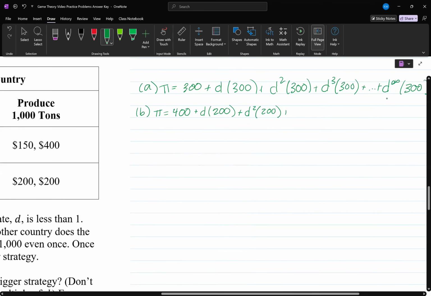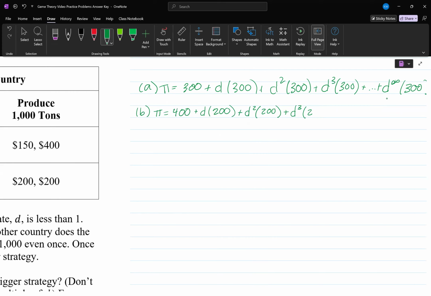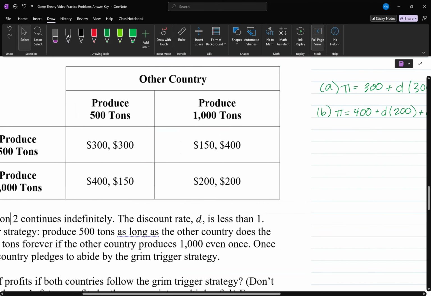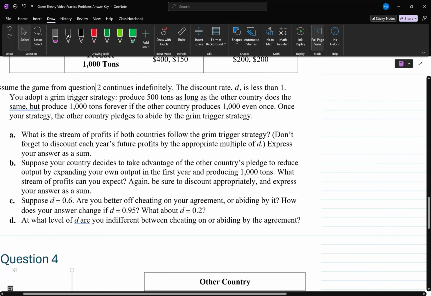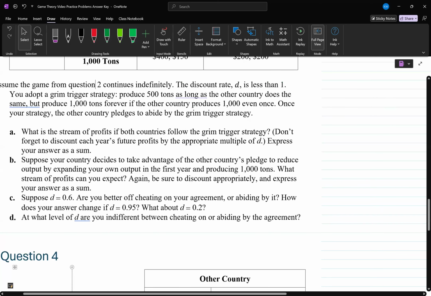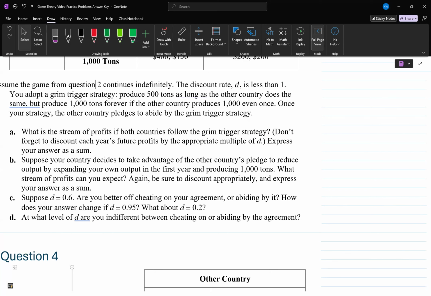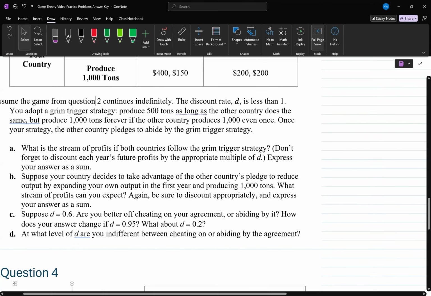And so that infinite series is going to be the discount rate, squared, cubed, and so on times 200 to the infinite round. Okay, so that is B. C wants to know, is a discount rate of 0.6 enough to incentivize cooperation, or will we cheat?